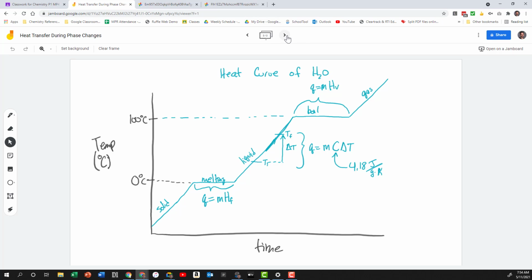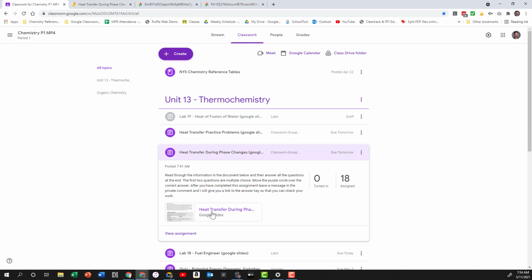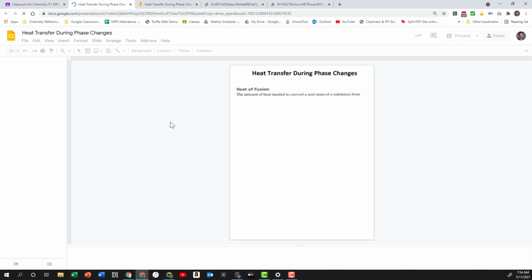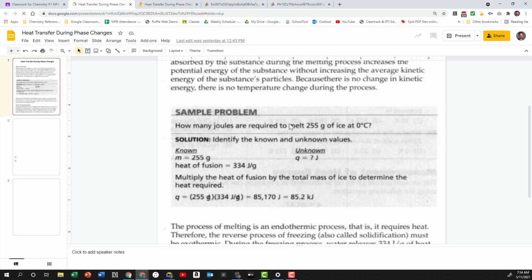So doing these type of problems is really quite simple. Let's take a look at an example that's in this handout that I gave you. How many joules are required to melt 255 grams of ice at 0 degrees? That 0 degrees Celsius is extra information.